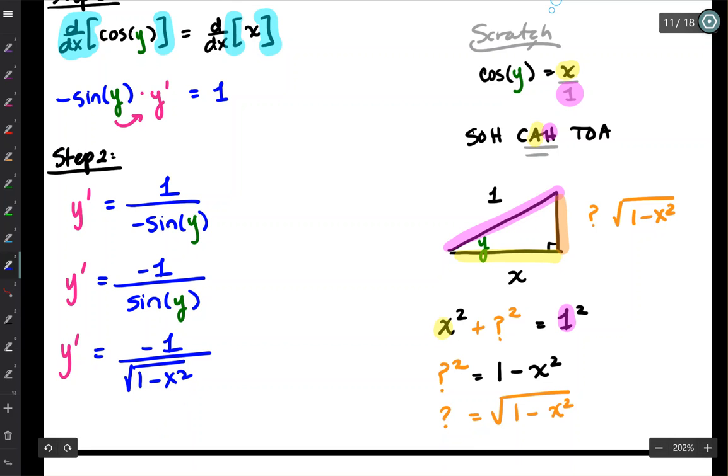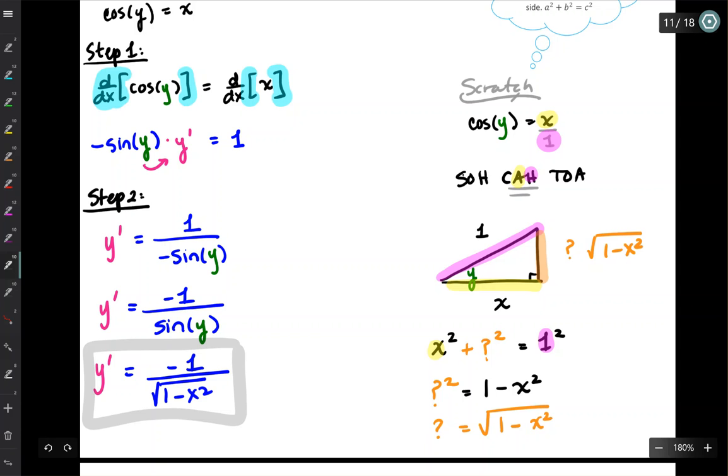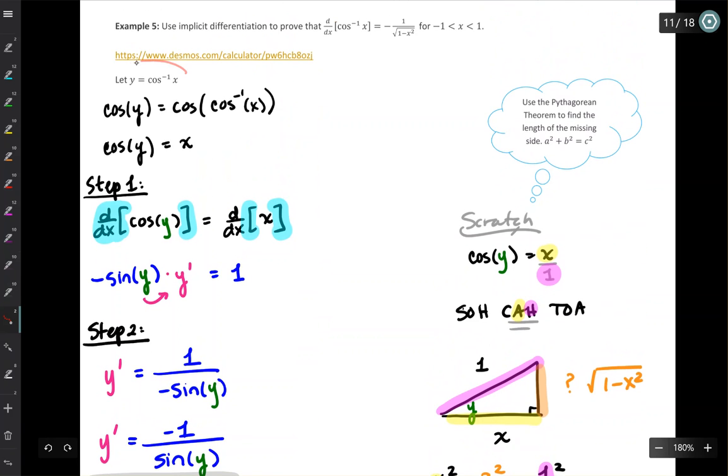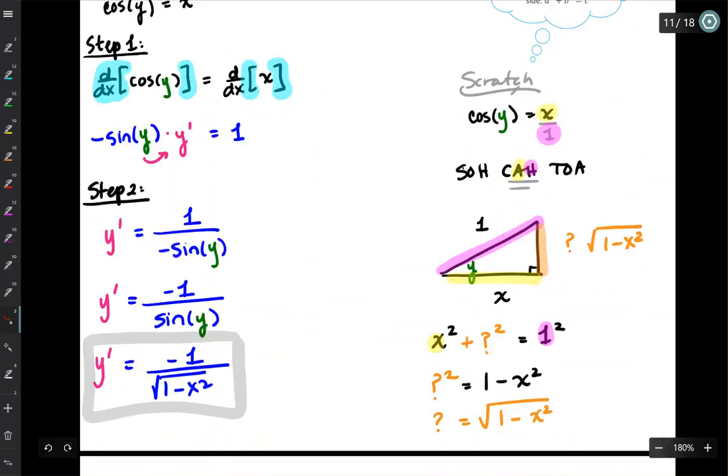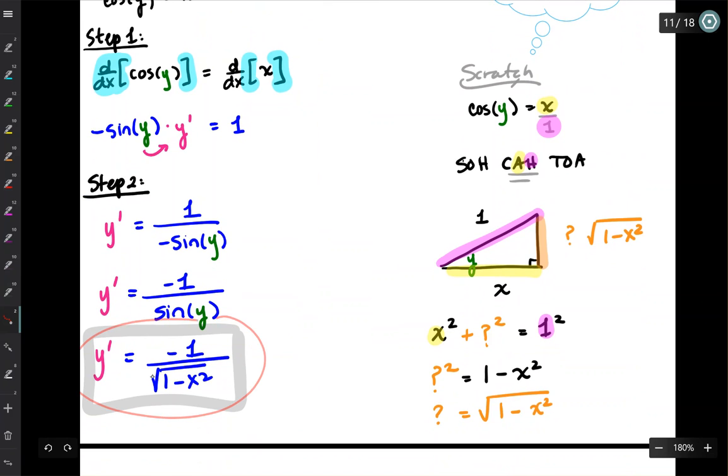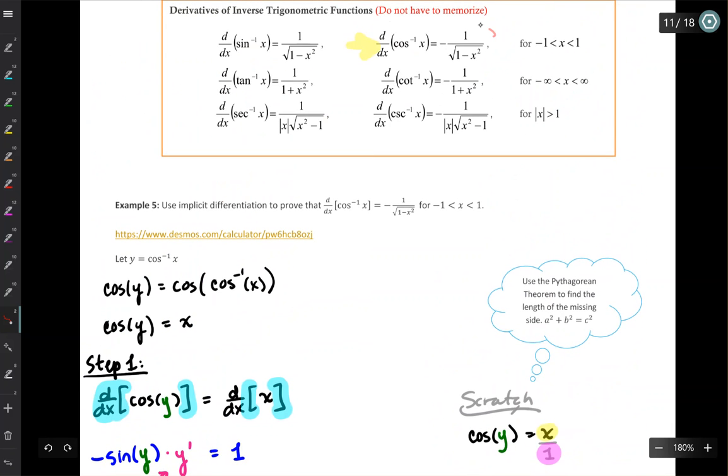And there we have it. That is what we have written right up here. If y is inverse cosine, y prime is minus 1 divided by the square root of 1 minus x squared. Right here.